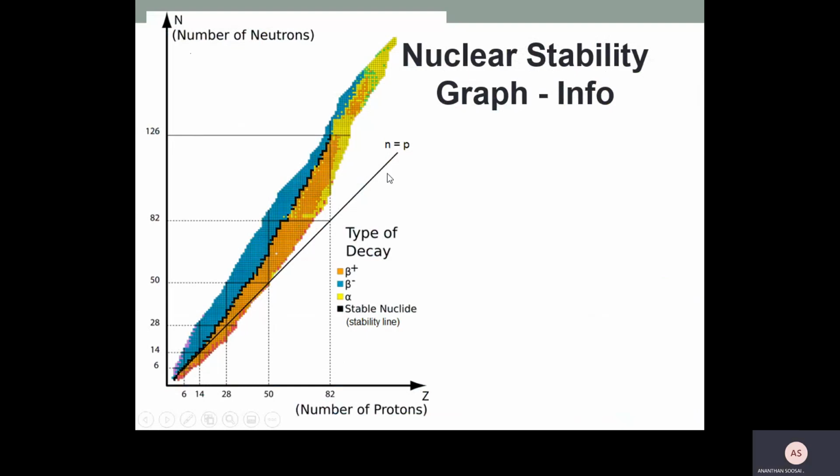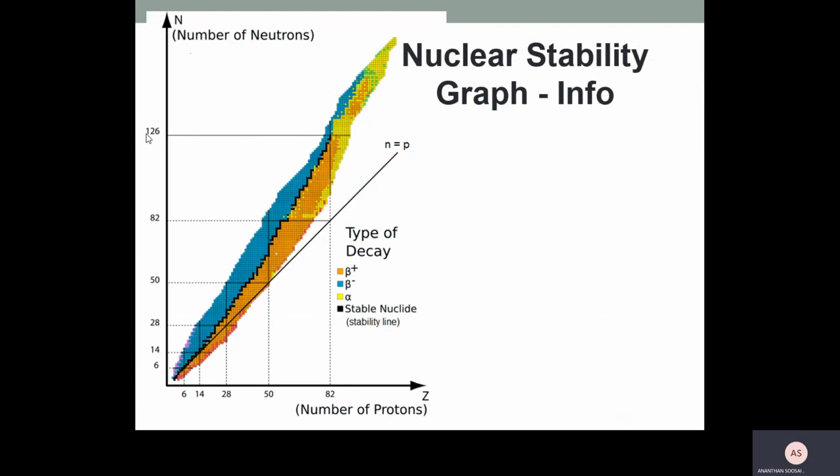This straight line is N equals P. So you see, for an element to be stable, they found through data that the neutron must be slightly bigger than the proton. For example, 126 neutrons with 82 protons is stable. So the neutron must be larger than the proton by a certain number for it to become stable.